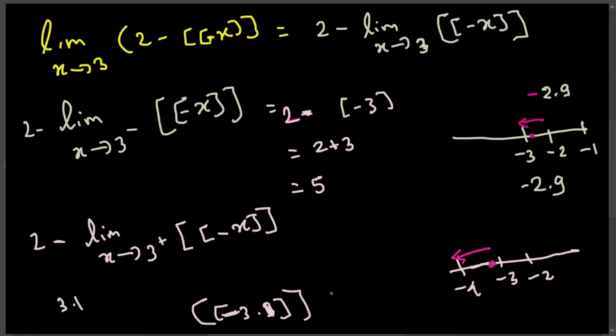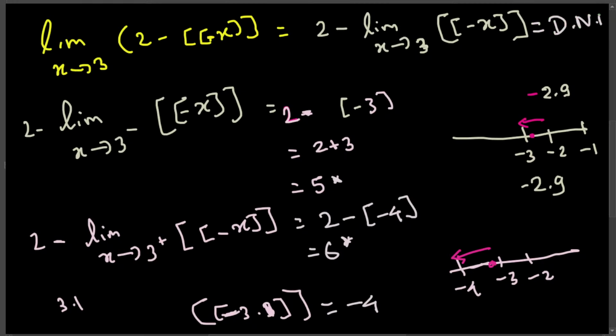So the value for this integer is negative 4. If we substitute here, 2 minus negative 4, minus minus is plus, so we are getting 6. From the left side we have 5, and from the right side we have 6. Both are not equal, therefore the limit does not exist.